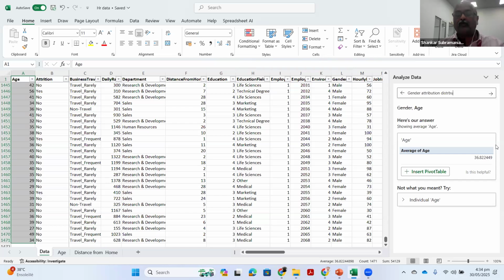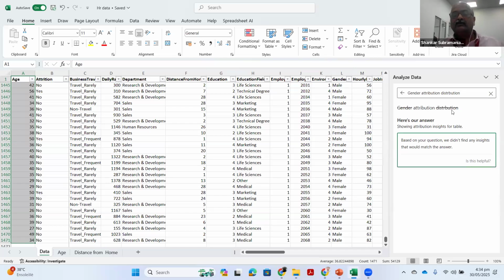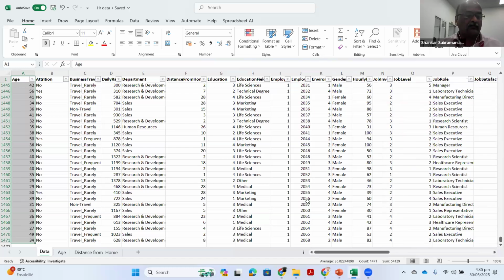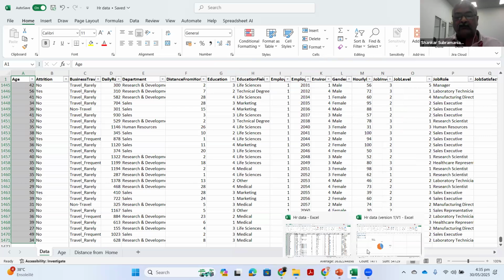So you need to use proper prompts, and it gives you an indication. Here it's not taking that, so you need to work on your own. Or you can formulate a question, such as how many have the highest value. Sometimes it gives you an answer, sometimes it's not able to, and then you use other things. So that's what I was showing you here.